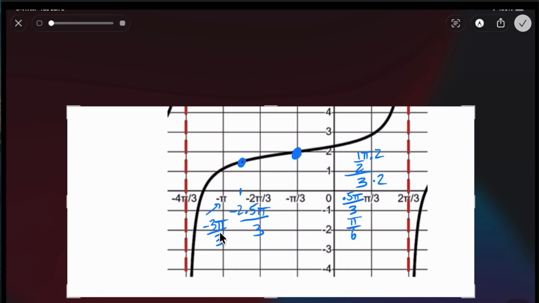Here, instead of negative 2.5, we could have negative 5 over 2 pi over 3. Again, multiply top and bottom by 2, and that would give us negative 5 pi over 6. But let's just leave the decimals for simplicity because we are writing equations here. And let's erase all this.